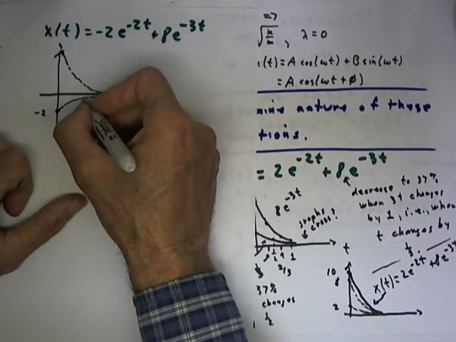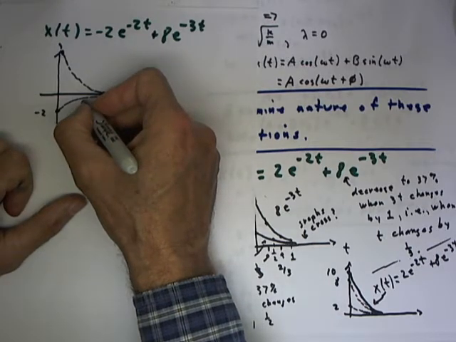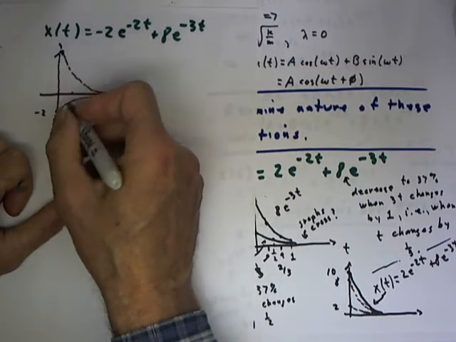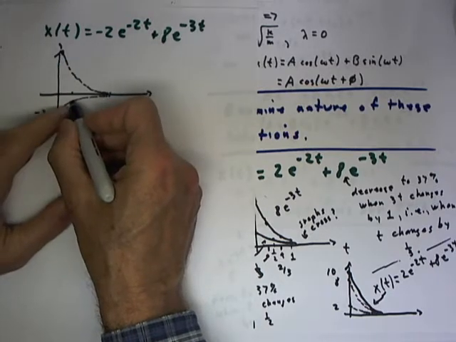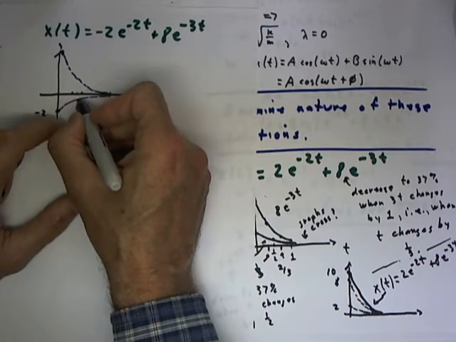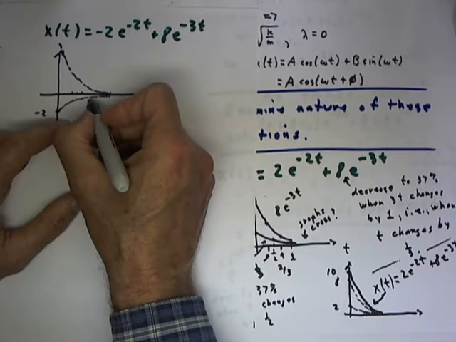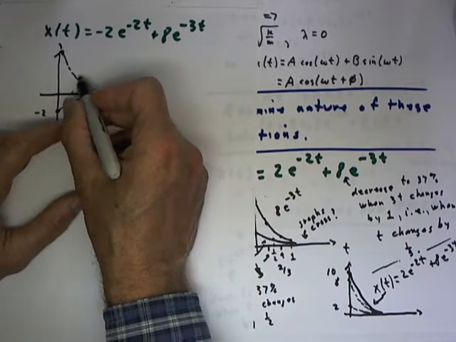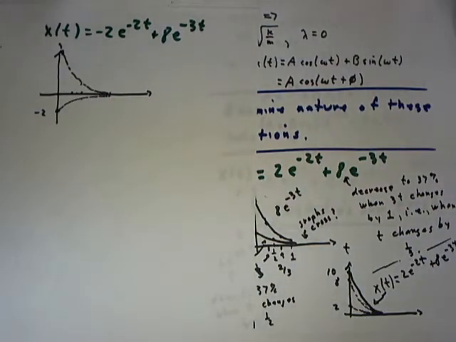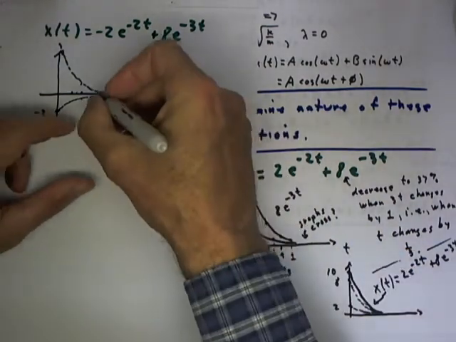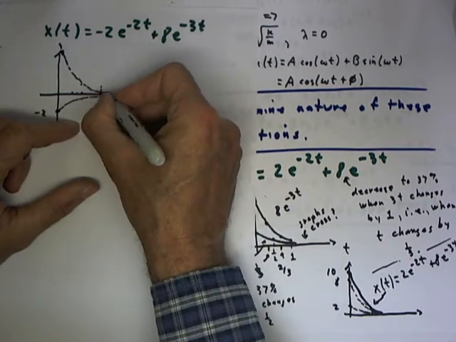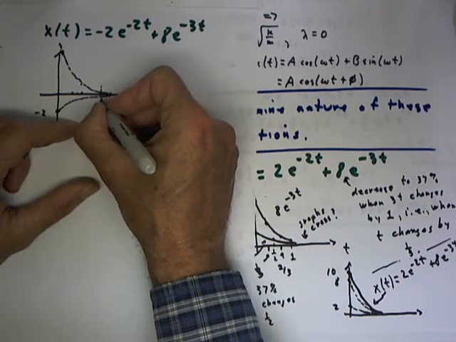And somewhere around here, a little further than that, maybe around here, this function will be as close to the axis as this function. I didn't locate that position very well. It'll be somewhere around here, where this function is as close to the x-axis as this one.